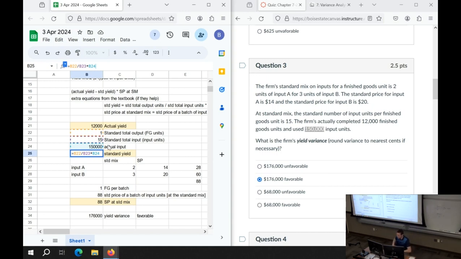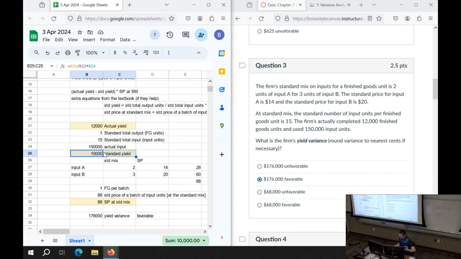Yeah, Jesse. For you, what do we compare to figure out the favorability? It's the actual versus the standard. You could either memorize the signs, which is not always what I do, that's not my natural inclination, at least. And with yield, it's the opposite. Everywhere else, positive was unfavorable.